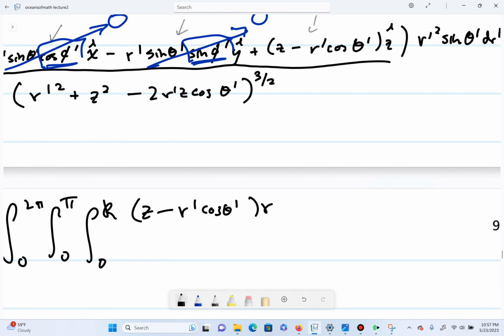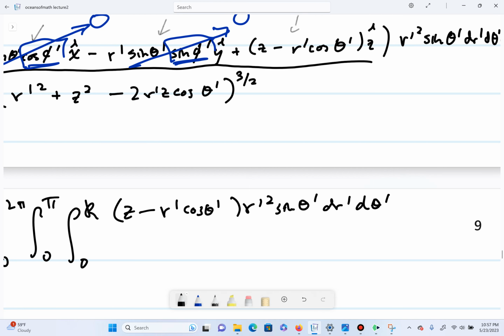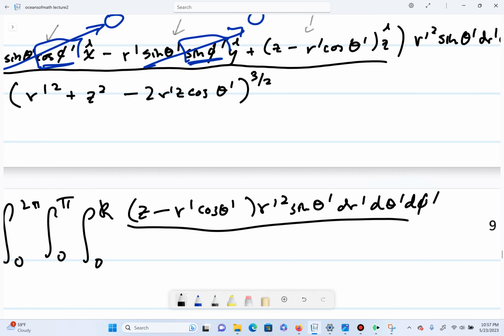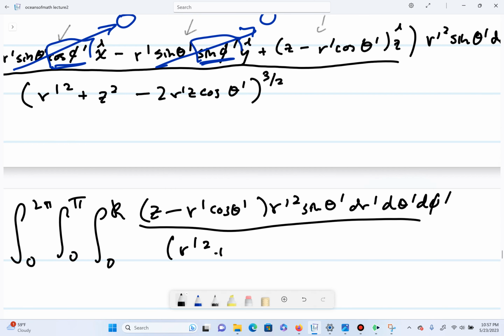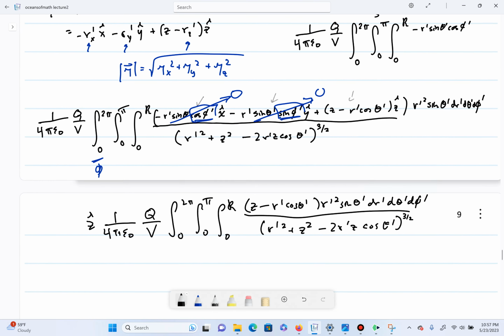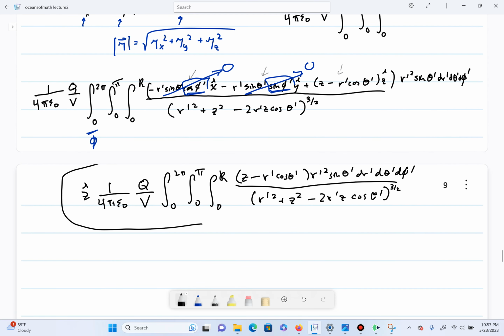And now r prime squared sine theta prime dr prime d theta prime d phi prime, divided by (r prime squared plus z squared minus 2 r prime z cosine theta prime) to the 3/2. Okay, and now we have an integral. We have something, right? And this is our electric field, E of z hat.